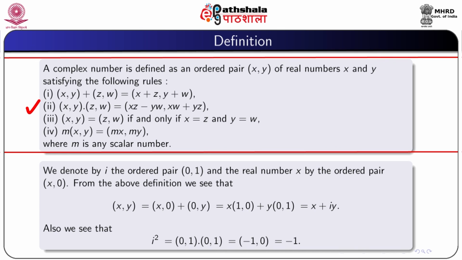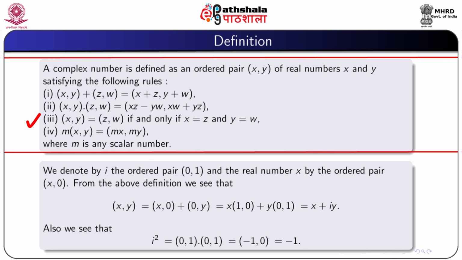Number 2, (x, y) into (z, w) is equal to (xz minus yw, xw plus yz).